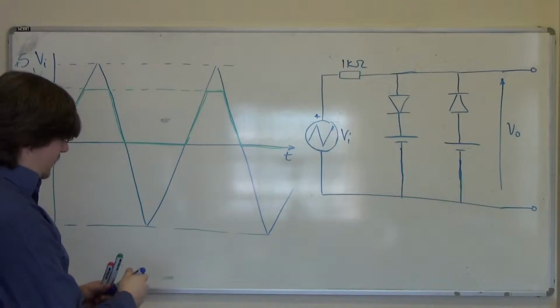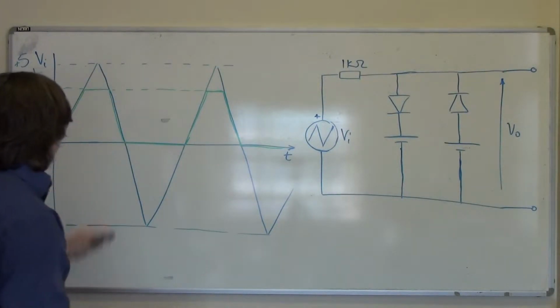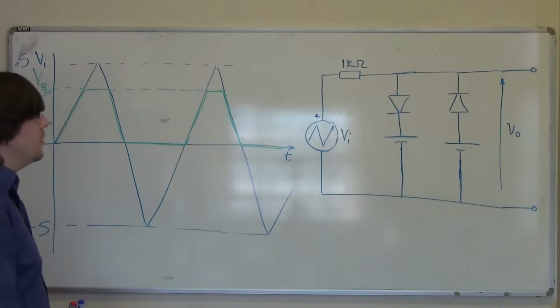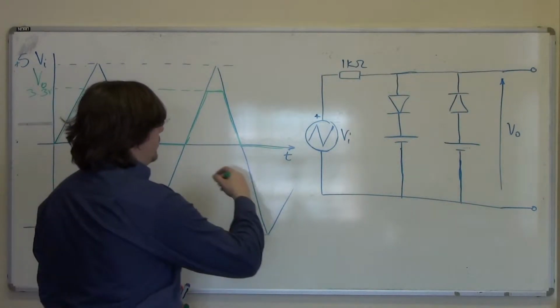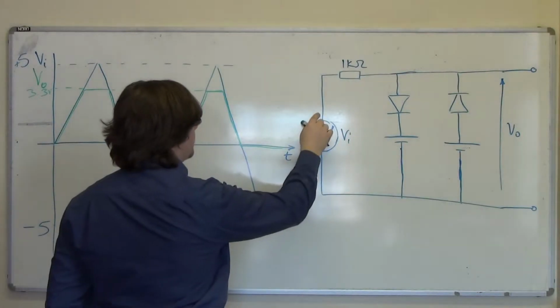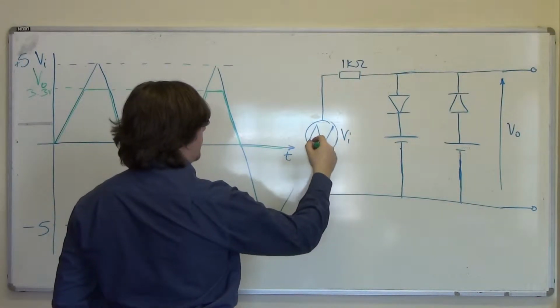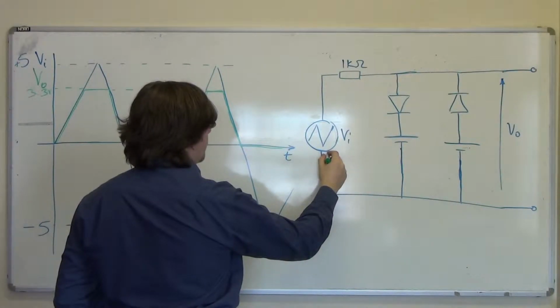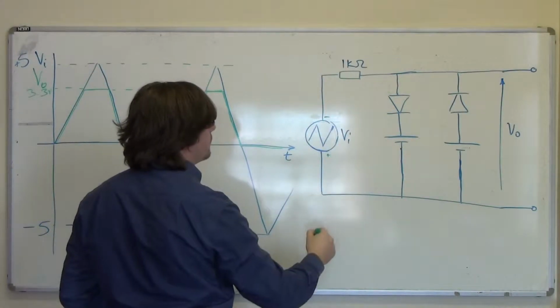So if we deal with the region of negative voltage first, if the voltage is negative, this will be the more positive end, and this will be the more negative end.